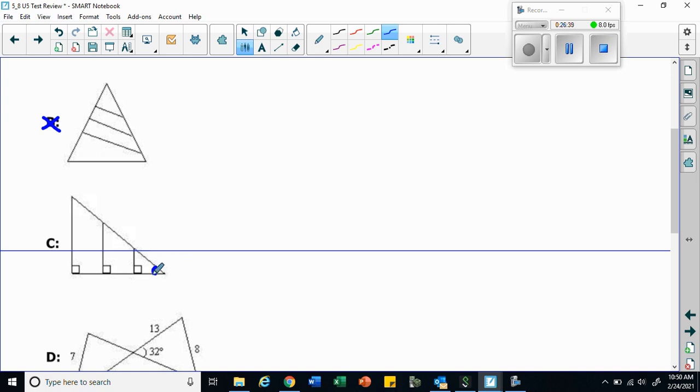They all share the tip angle, and I probably can redraw this so that you guys can see exactly what I'm talking about. So this is the small one. It has the tip of that triangle. This is the medium one. And then this is the large one.